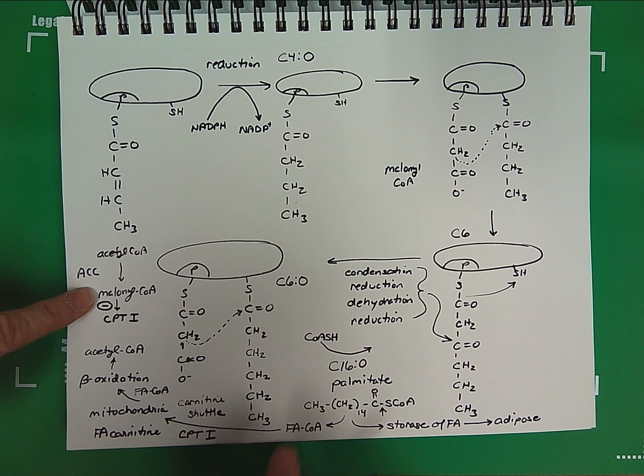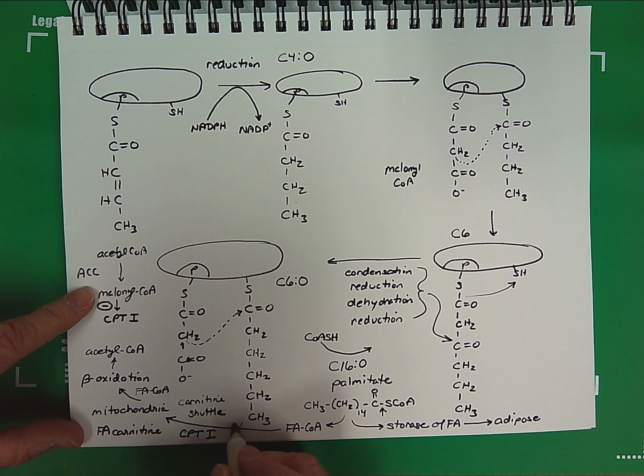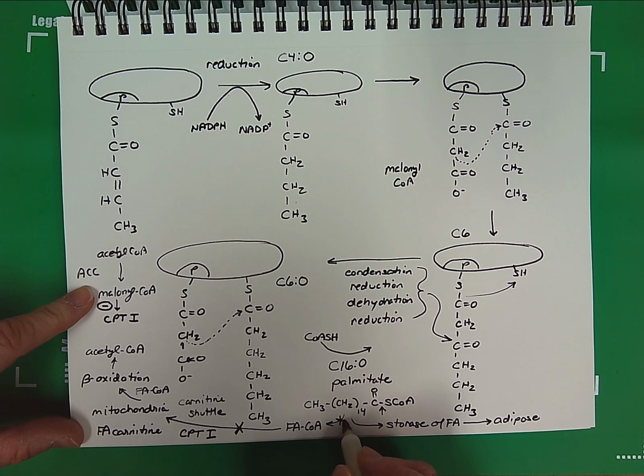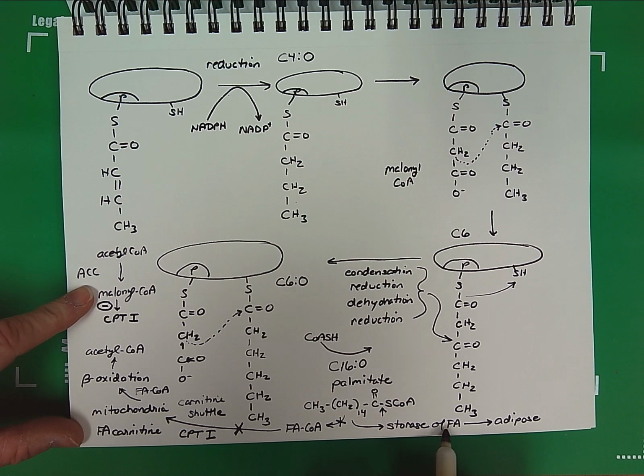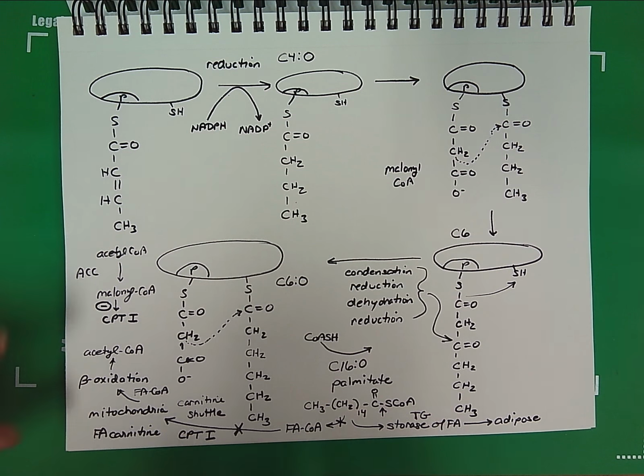So what that essentially does is it prevents the fatty acyl-CoA from entering any other pathway except storage. And the storage is going to be in the form of triglyceride synthesis. And these triglycerides will be transported to adipose tissue. We'll take a look at that process in another video.